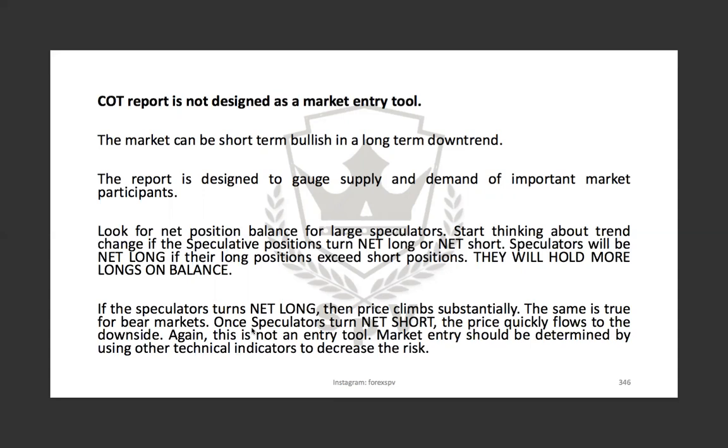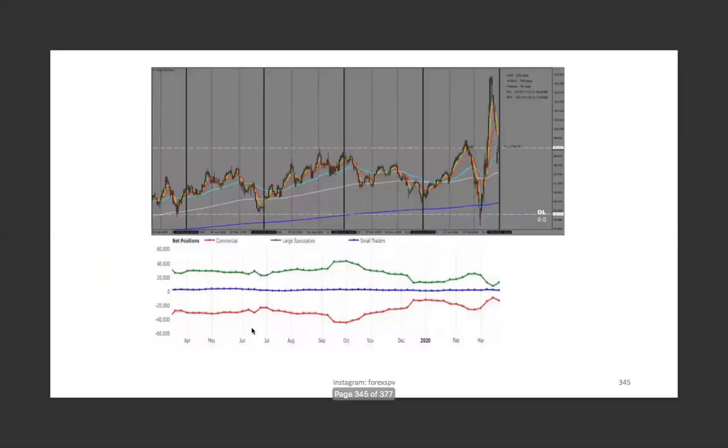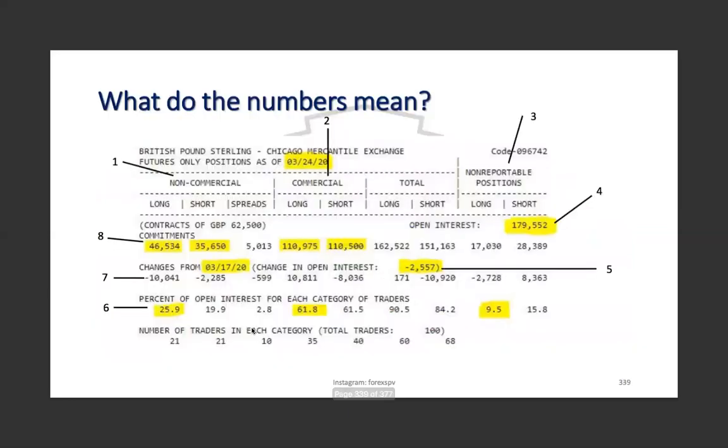For example, for pounds, they have been net short since March, I think, when the market started selling. They became net short. From this flashcard, they are decreasing the number of longs, the large speculators, and they became net short.